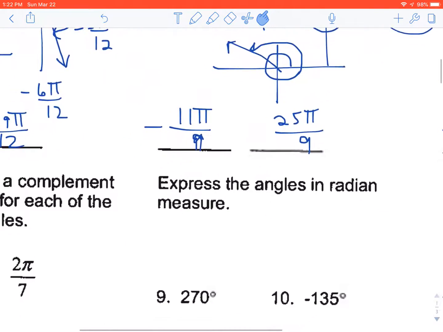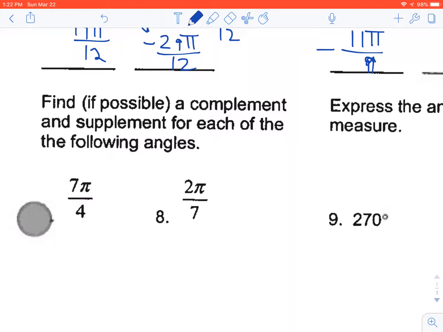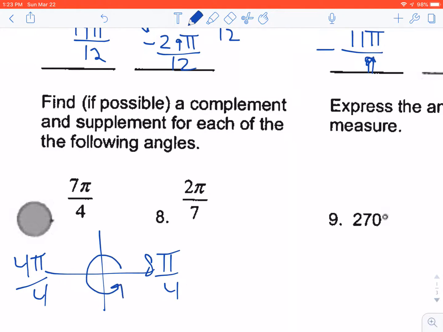Okay, the next part, 7 pi over 4. We should be able to do this without a calculator or without any work, really. 7 pi over 4, oh, they want a complement and supplement. Okay, I was thinking we had to put this in degrees. But 7 pi over 4, if we want to find a complement, the first thing I'm going to do is sketch it. And 7 pi over 4 is going to be in the fourth quadrant.